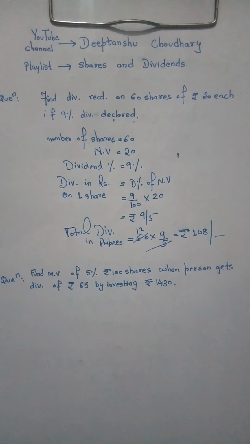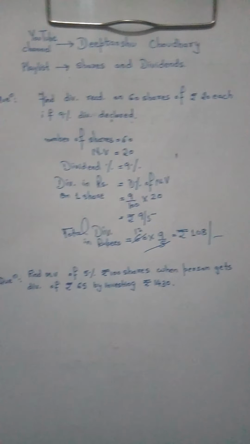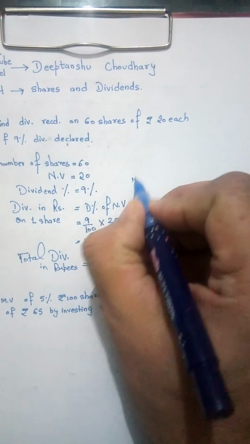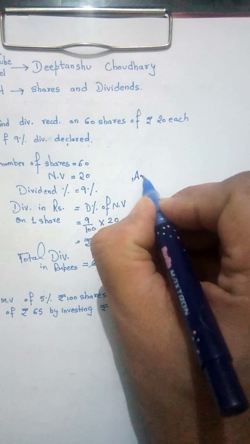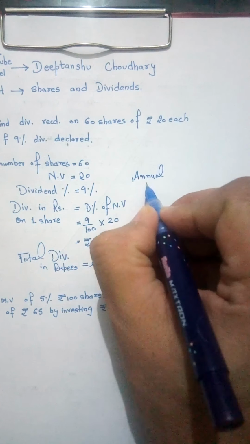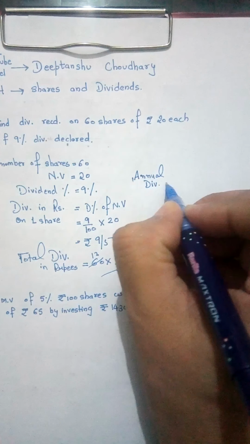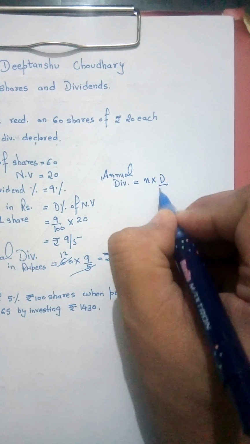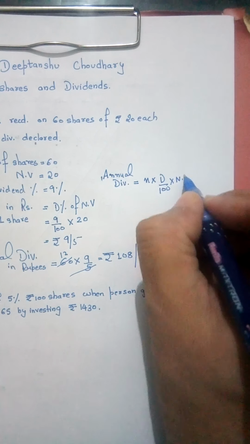So if you want to do it directly by cramming the formulas, you can do that way also. And if you want to understand the concept, automatically the formulas get used when we are solving the questions, correct? In terms of the formula, how you can analyze it, how you can say that the annual dividend or the total dividend is equal to number of shares into d% of nominal value.